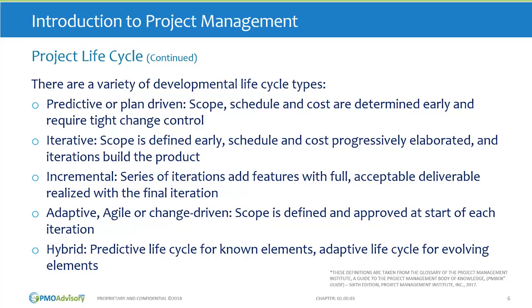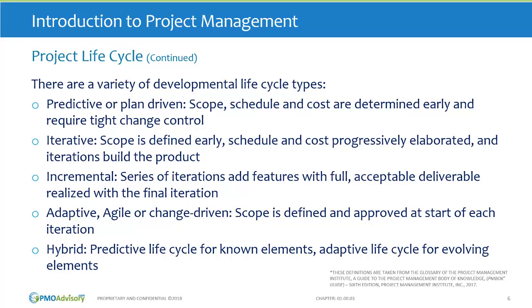The incremental option is very similar to iterative, but you're building the product incrementally, so you are adding features and providing intermediary versions of the deliverable up until the final deliverable is complete.